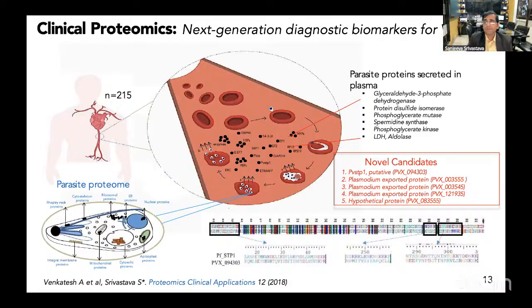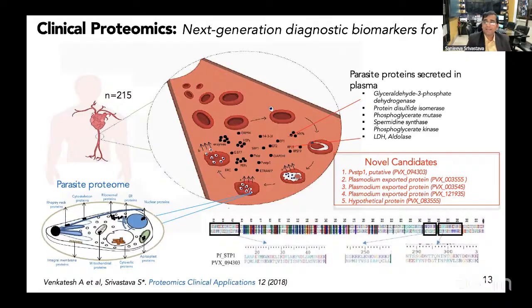The idea was to look at vivax related parasite proteins which are secreted in the human blood. It means the parasite protein should be at such a concentration that we are able to detect it from the blood itself. These proteins will be in very high concentration, secreted from the parasite, and reflected and identified from the plasma sample.